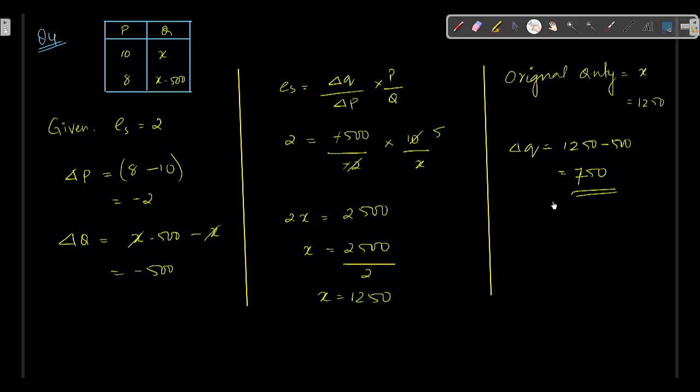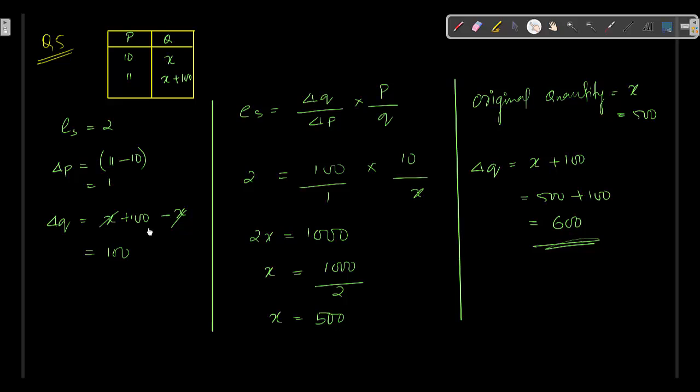Clear? So let's move on to question number 5. Now in question number 5, it says when the price of a commodity rises from 10 to 11 per unit, so the original price is 10, when it rises to 11. That means there is an increase of 1 rupee here. Its quantity supplied rises by 100 units. We don't know the original quantity, so we just write it as X, and it rises by 100 units.